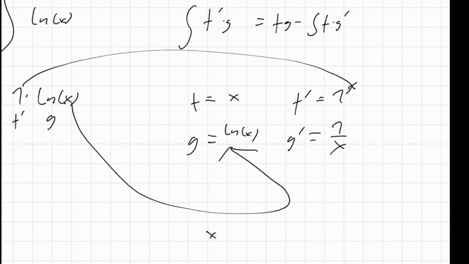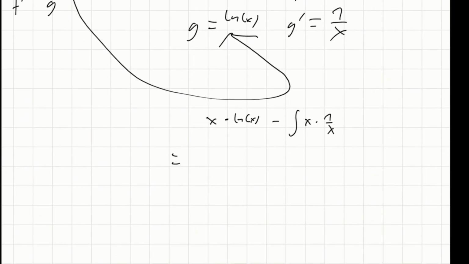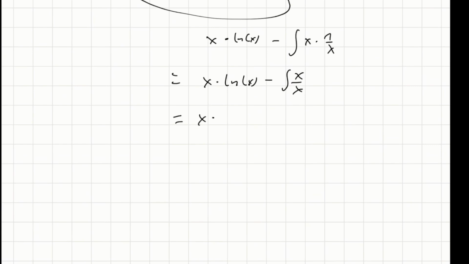So what this makes is x times ln of x minus the integral, plug in x, times 1 over x. Simplify this, and we get x times ln of x minus the integral of 1.